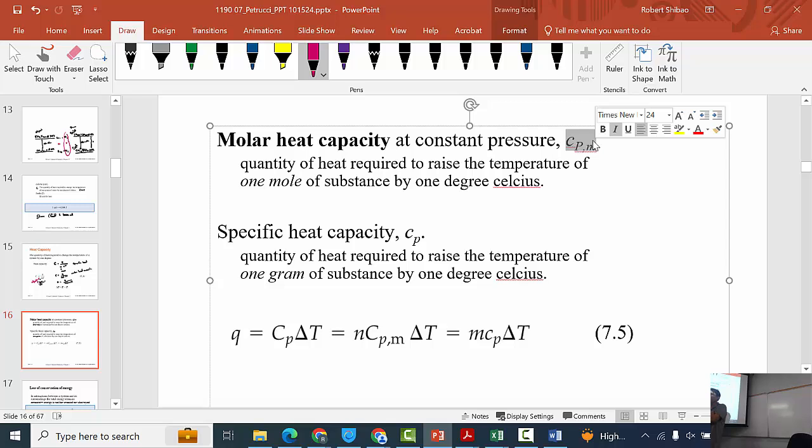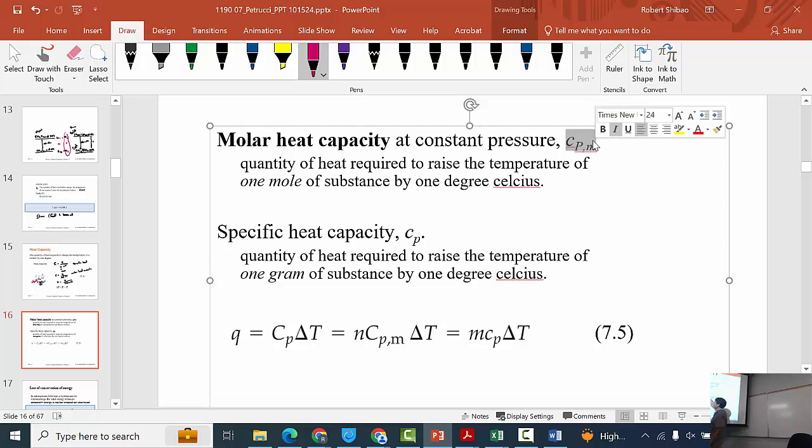Remember Avogadro's? Versus constant volume. Constant volume would be thinking in terms of Dalton's. And that's very important in thermodynamics. We need to know, are we doing this under constant pressure or constant volume? Because it makes a difference in the amount of heat you can get or require. And so that's the molar heat capacity.